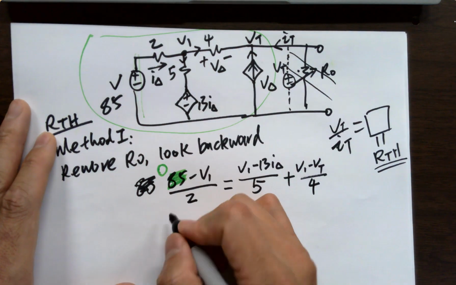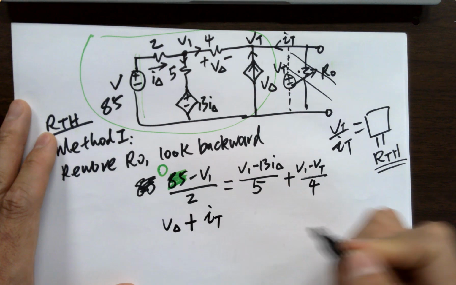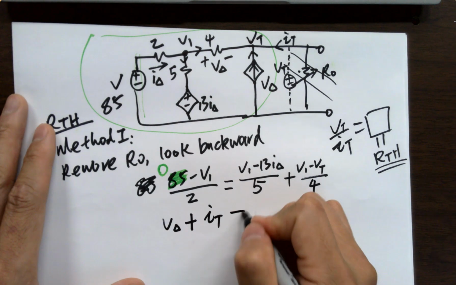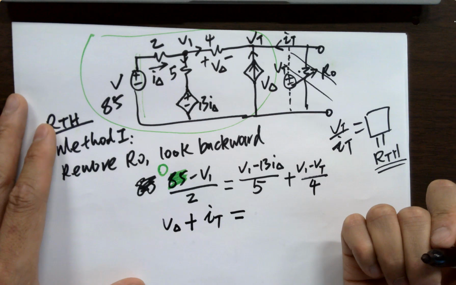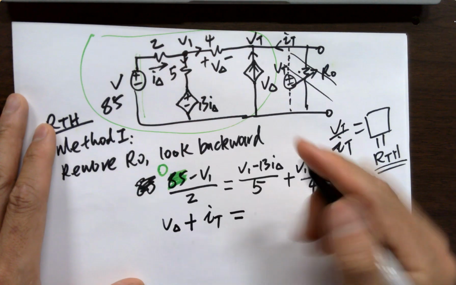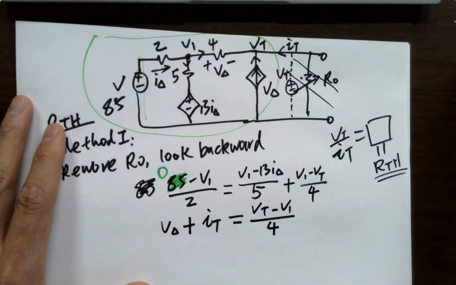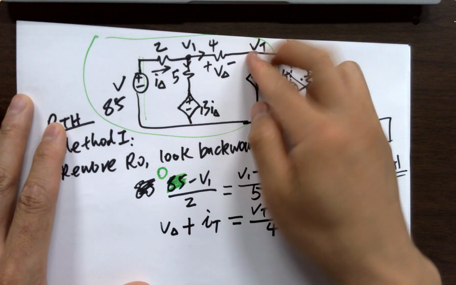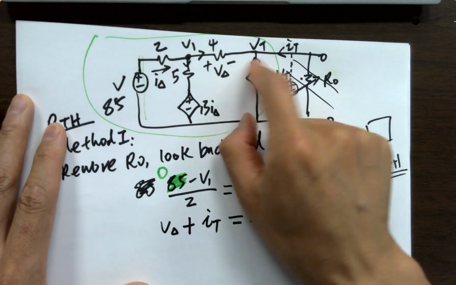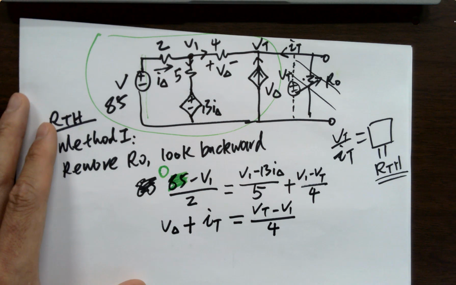V delta plus IT is V2 minus VT minus V1 over 4. Because it's flowing that way, merging, going that way. So it's VT minus V1 over 4, right?